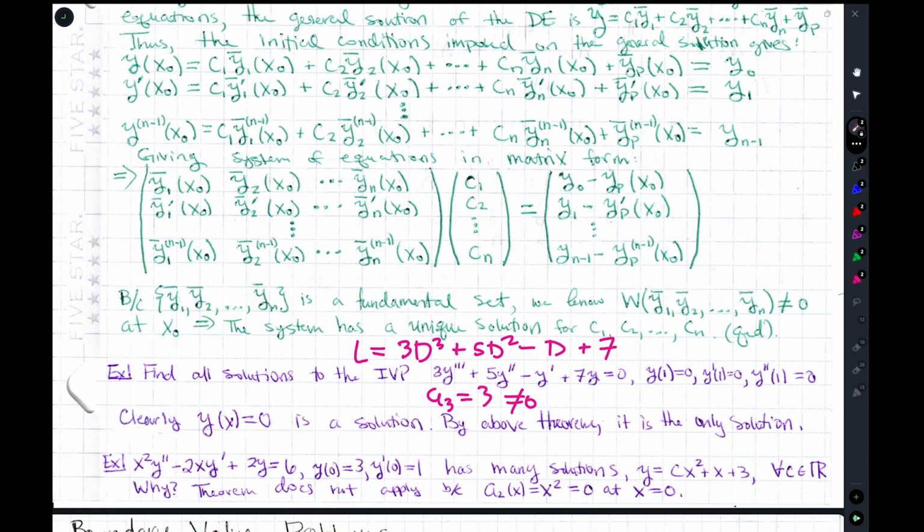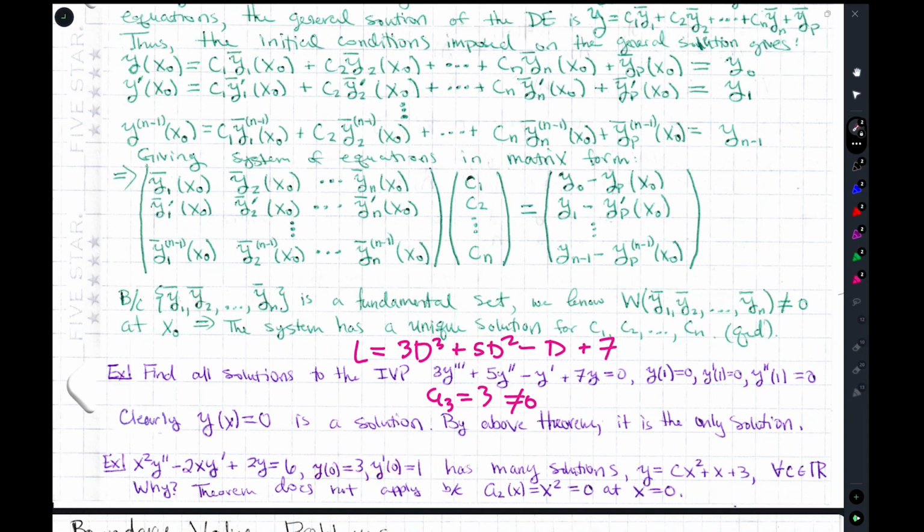So you might be thinking that contradicts the theorem. It does not, because look, a2 of x is equal to x squared, which equals 0 at x equals 0. Now, if we restrict the interval to positive numbers, say, then we're fine. We would end up with a unique solution. But notice that the initial conditions are imposed at x equals 0.